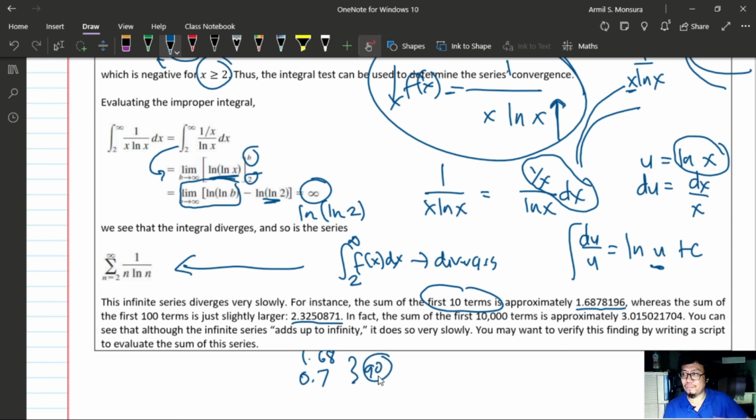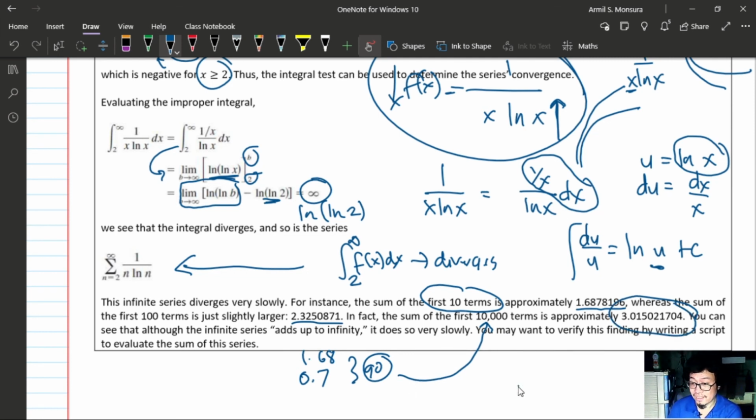And if you write a program or a script on MATLAB about this and try to find the sum of the first 10,000 terms, you can only have 3 point something as its sum.